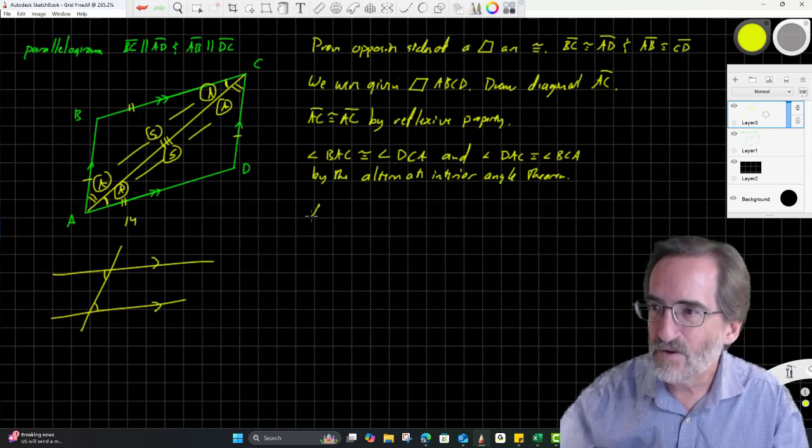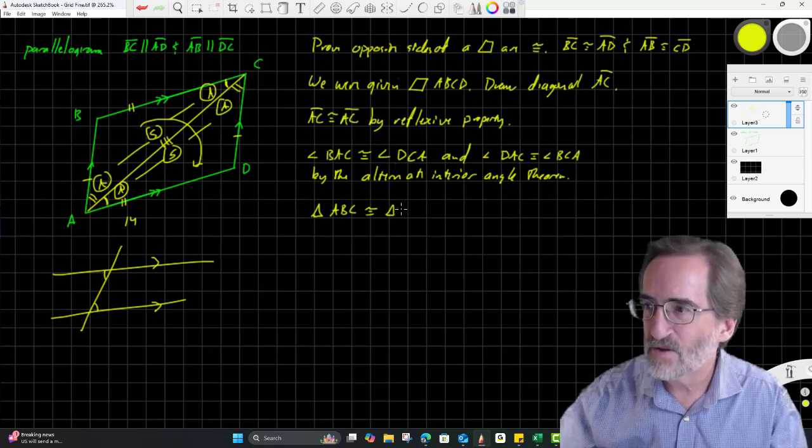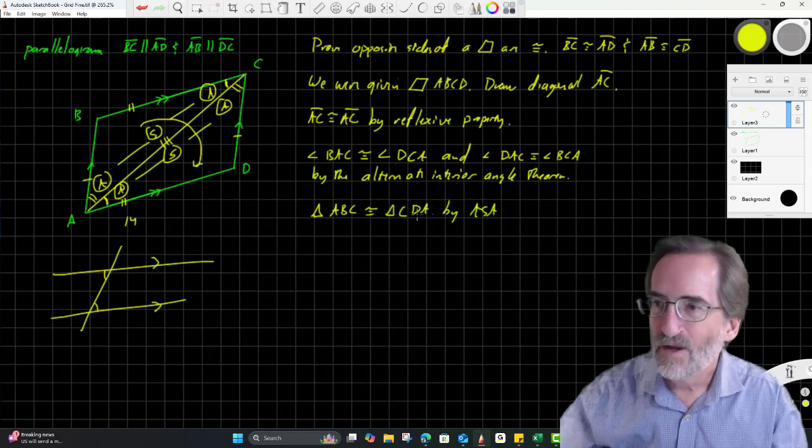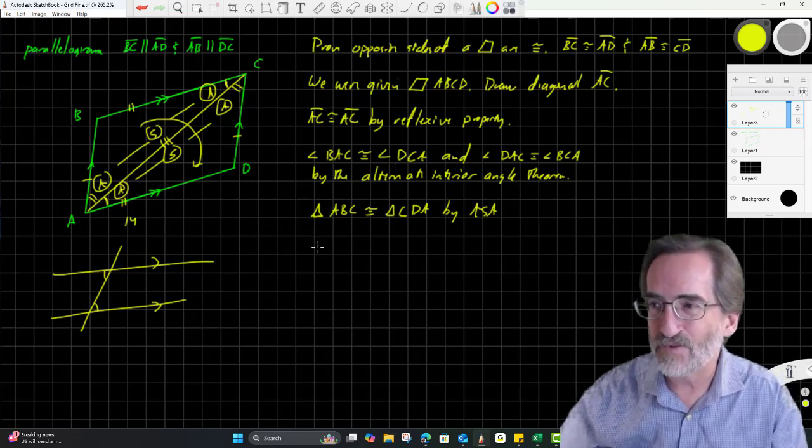So triangle ABC is congruent to triangle, now they're congruent by rotation about the center point, so ABC goes with CDA, triangle CDA, by angle, side, angle. And what do we know about congruent triangles? They have corresponding congruent parts.